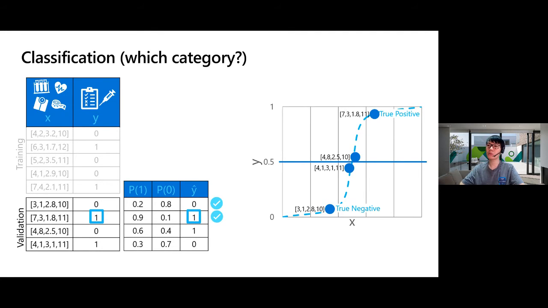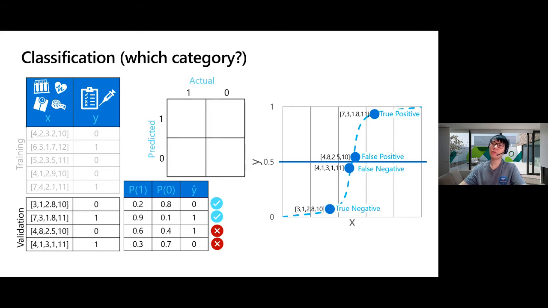This time it's a true positive. In the third case, the prediction is 1, but the actual value is 0. So the model got this one wrong. It's a false positive. The fourth one is also wrong. This time a false negative.